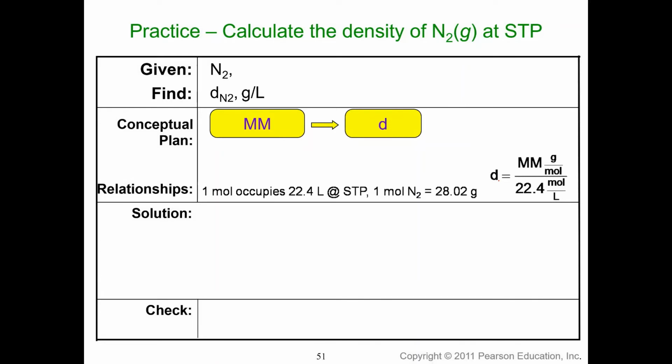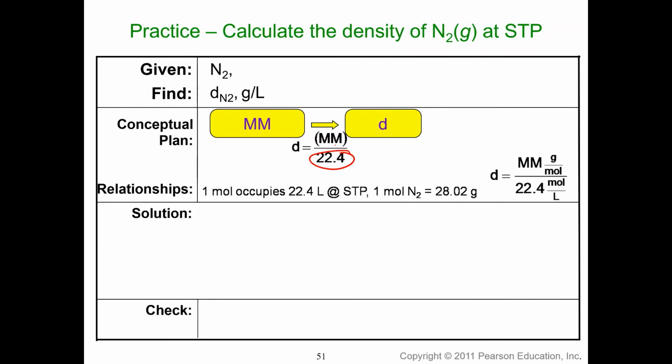It's just 14 grams, right? And then this is the volume. The volume is the volume of what? The molar volume at STP. Remember I said 22.4? It's always 22.4, right?